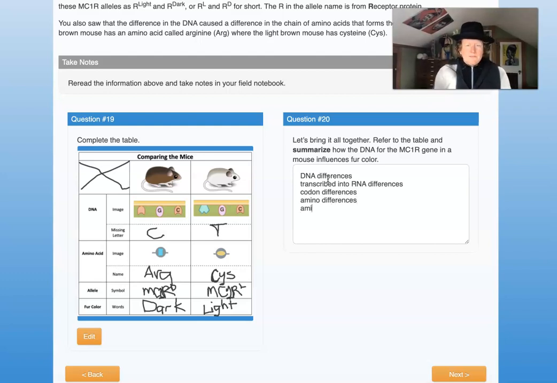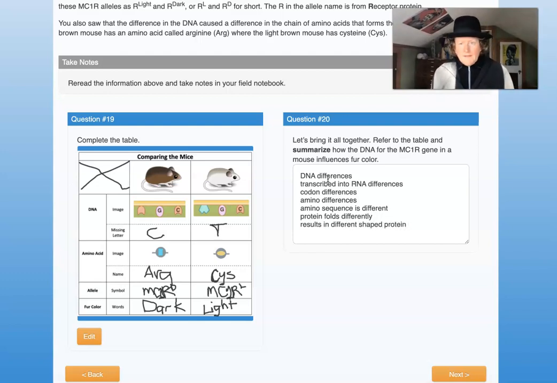The amino acid sequence is different, and so the protein folds differently, which results in a different shaped protein.